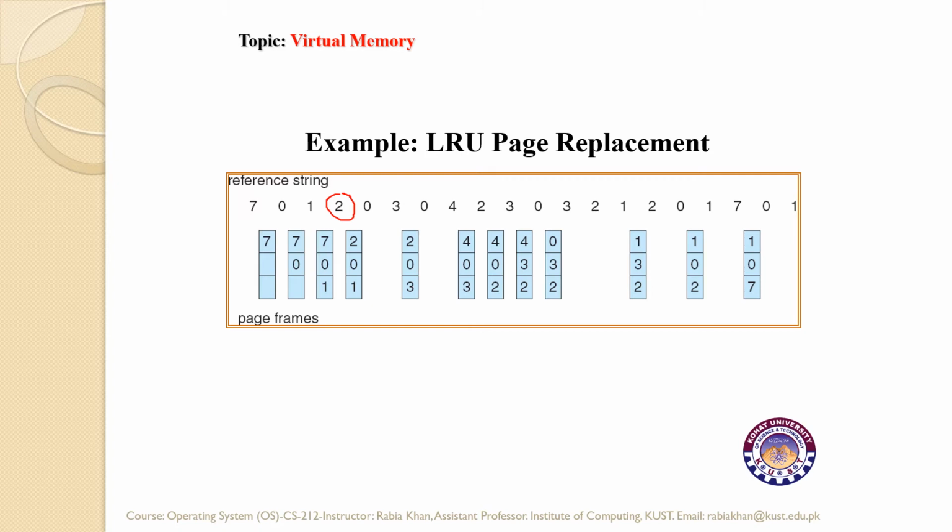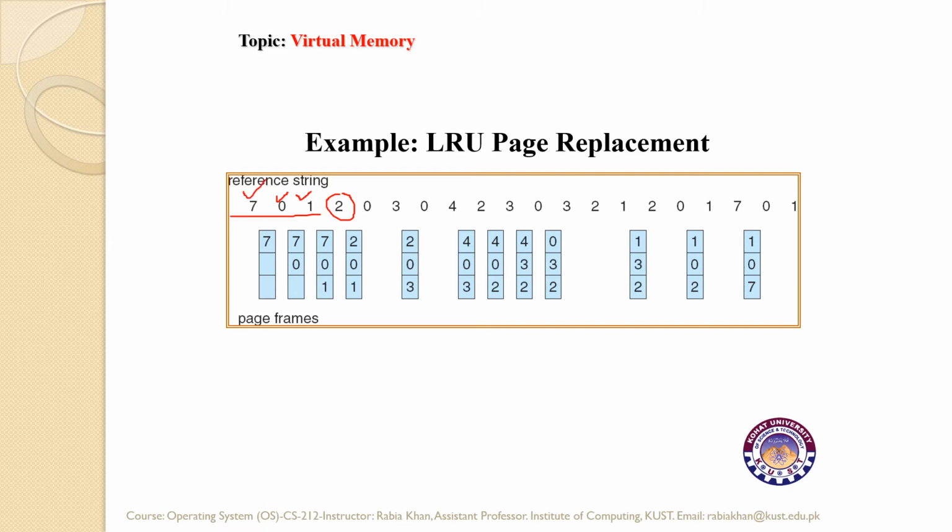Since least recently used focuses on the past, we have to make a look back and see which page is far away in the past. 1 is most recent, so we cannot replace it. 0 is recent, we cannot replace it. So 7 is the one that is far away in the past.